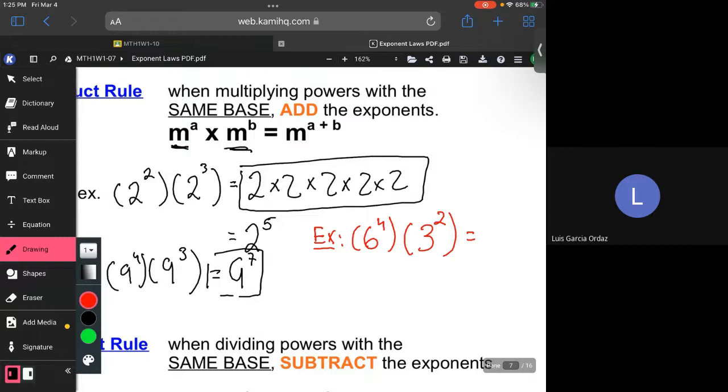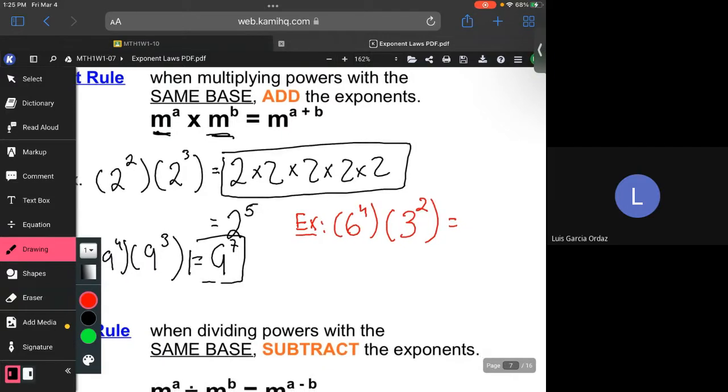Or can it be simplified? Look at the definition. What's in caps? Do they have the same base? No. So when they don't have the same base, you would have to evaluate each exponent individually.